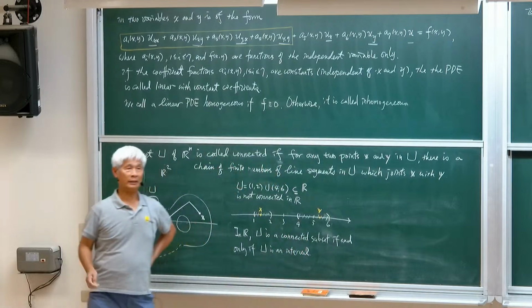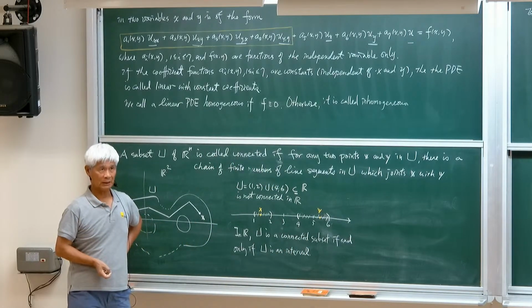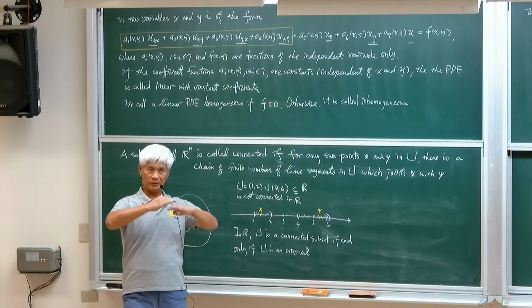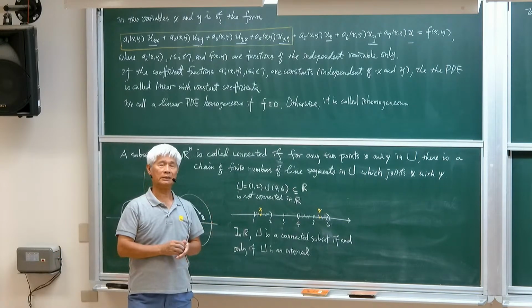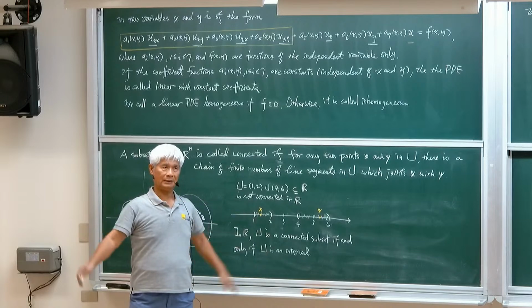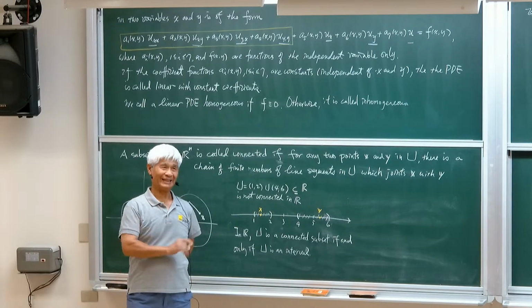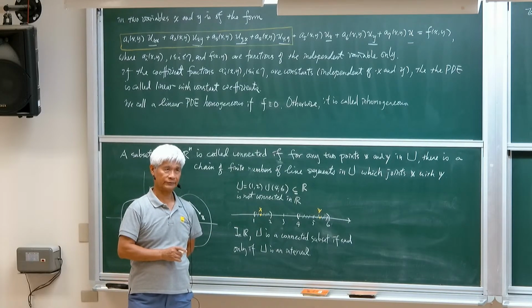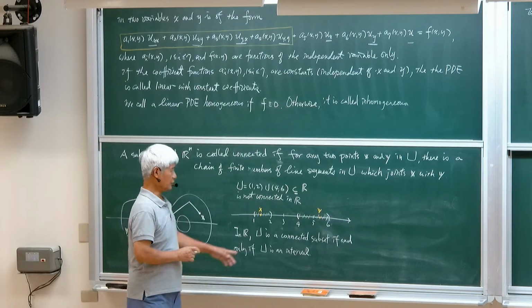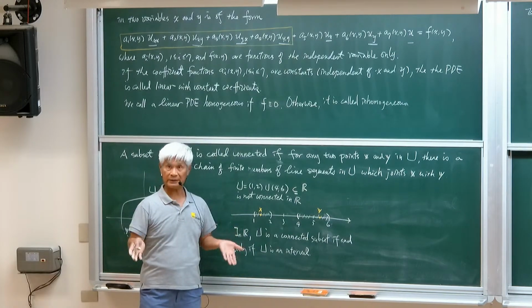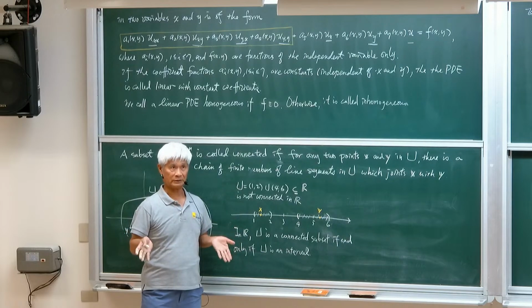That's why intervals are very important, because an interval in the real line is the only connected subset you can have. The interval can be open, closed, or half open, half closed.